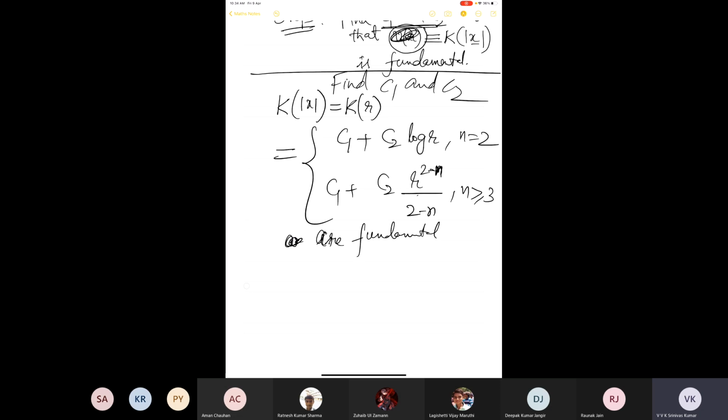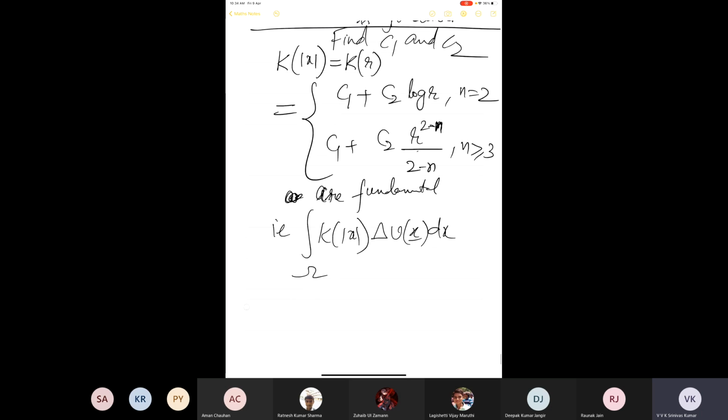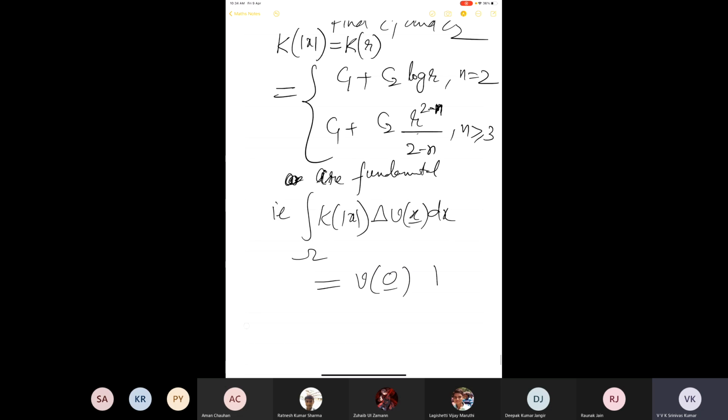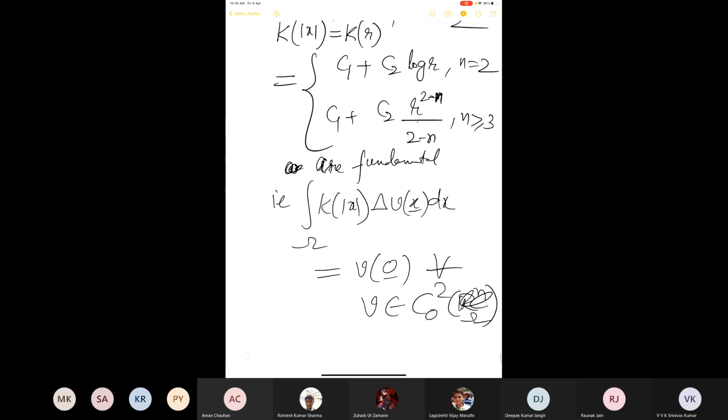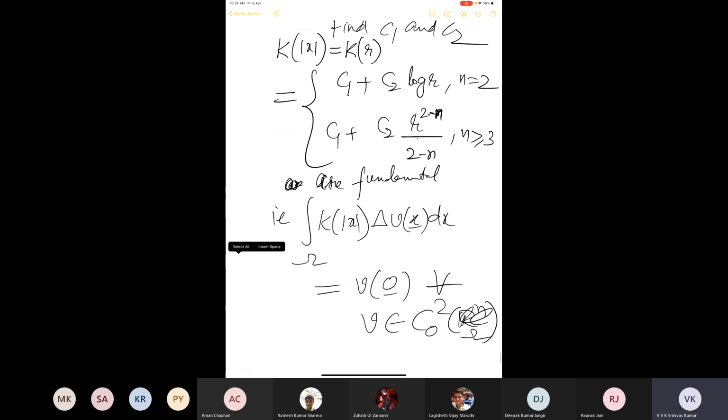That is, the integral of K of mod X times Laplacian of v of x dx on the domain omega is equal to v of 0 for all test functions v belonging to compactly supported C2 of omega.